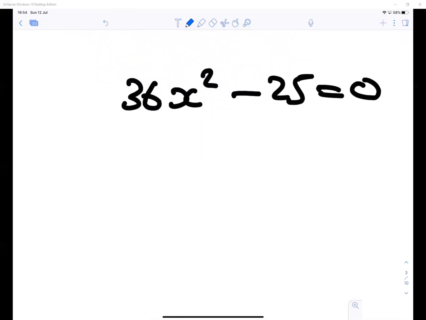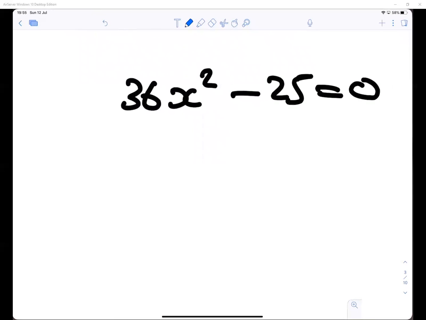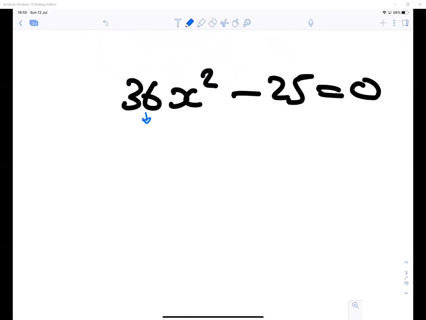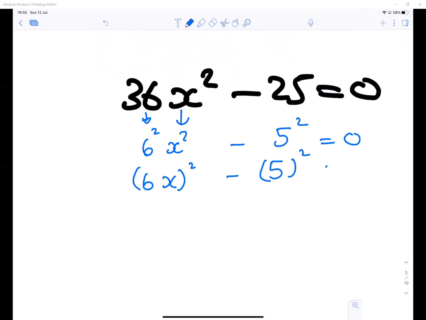Okay, Asudullah, last one. So the square root of 36 will be 6, so 6x squared minus 5 squared, and then you put in brackets, so it'll be 6x minus 5, and then 6x plus 5.